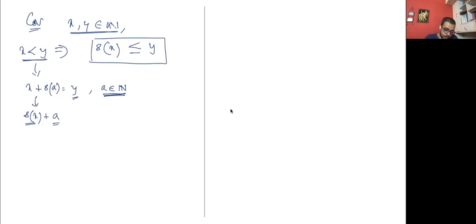That is because every element of n is greater than or equal to 0. And again, the implication goes in the other direction also. So this is going to be a corollary of the earlier statement that we proved.